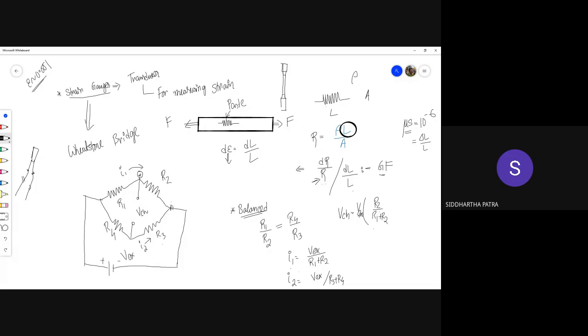If I imagine at this node the voltage is 0, and similarly over here it should be minus R3 times VEX divided by R3 plus R4.